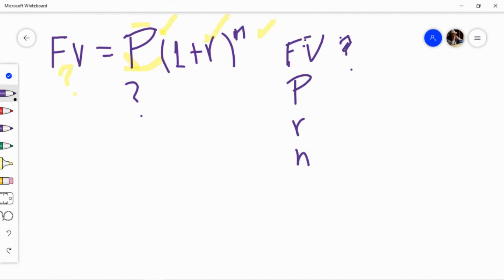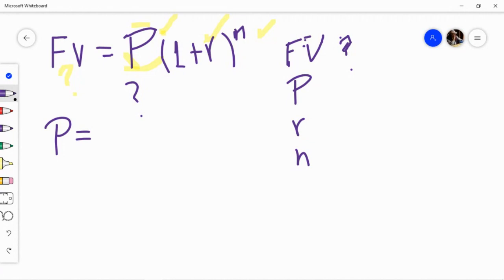If future value is the unknown, this is what we do. If the principal is the unknown, then we solve it in reverse. Future value and present value are reverse processes of each other, which means compounding and discounting are reverse processes of each other.